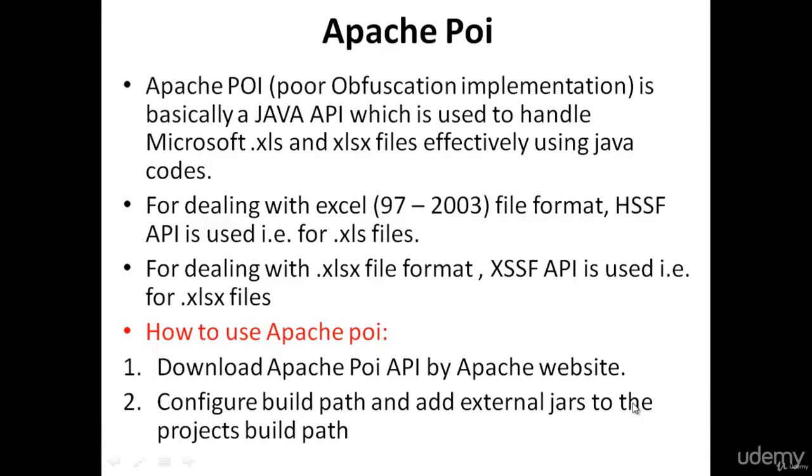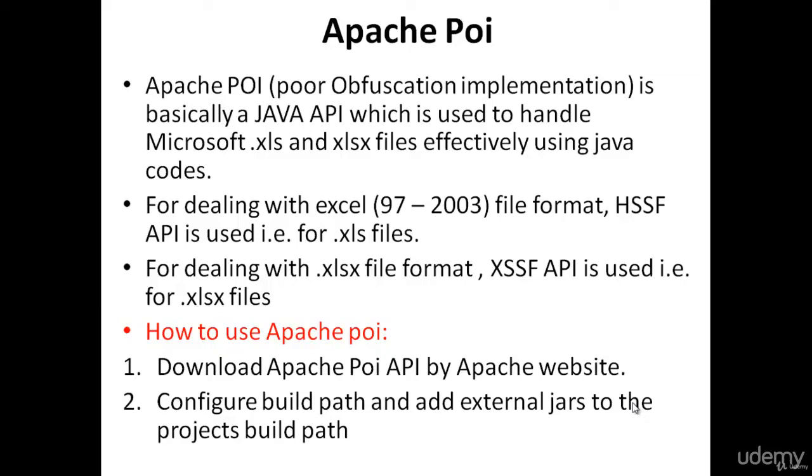So next, we'll be studying the Apache POI API, right? Basically, this is a Java API that is used to handle Microsoft Excel documents and other Microsoft documents.